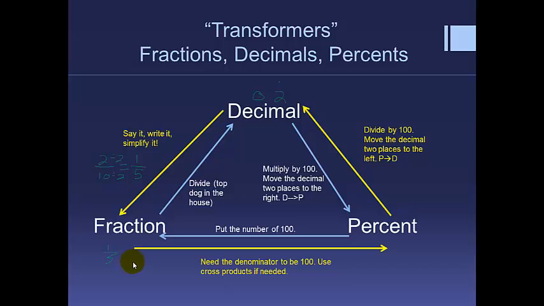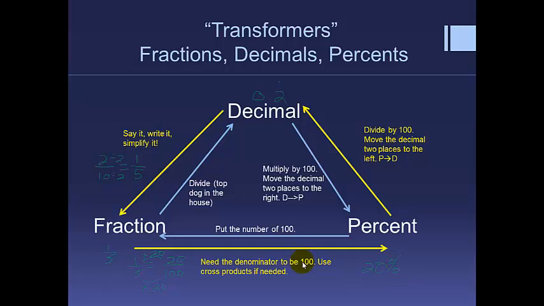So some of you are seeing that 1/5, what could I multiply to get to 100? That would be 20. So then I'm going to multiply the top by 20. So now that it's 20 over 100, it turns into 20%. So that's a pretty nice one.